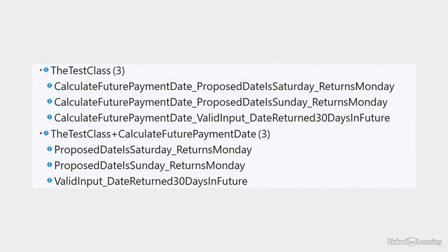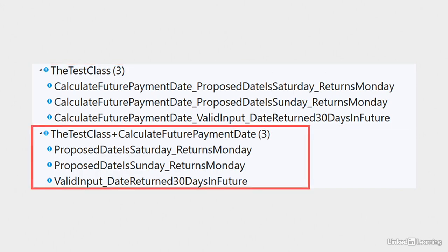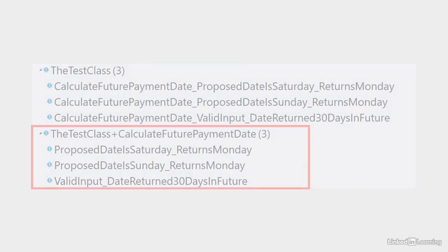The Visual Studio Test Explorer continues to show the relevant information. In this example, the top 4 lines show the original names. The bottom 4 lines show the new syntax. Notice that the Test Explorer shows the 2 class names, the test class and the calculated future payment date, on the same line with a plus symbol between the class names. Then below that are the 3 test names.